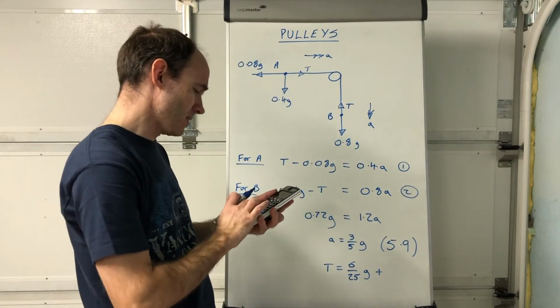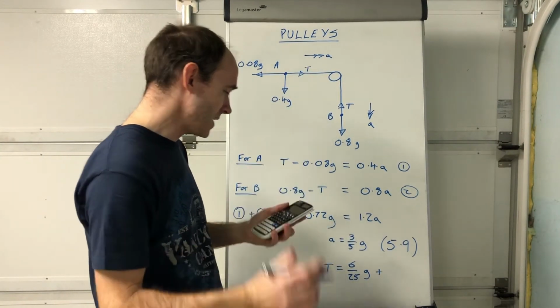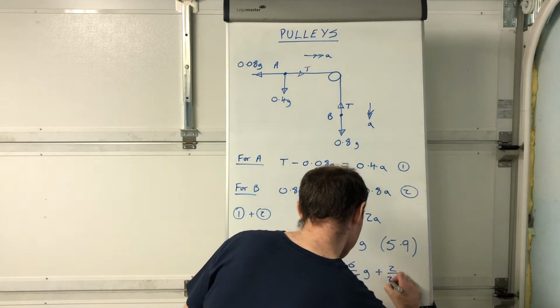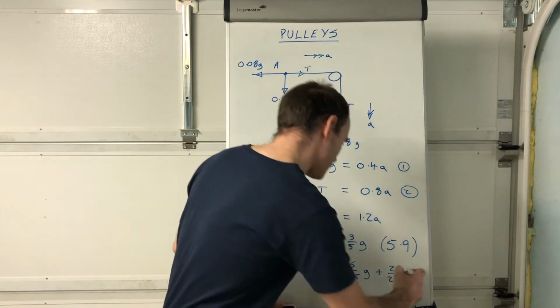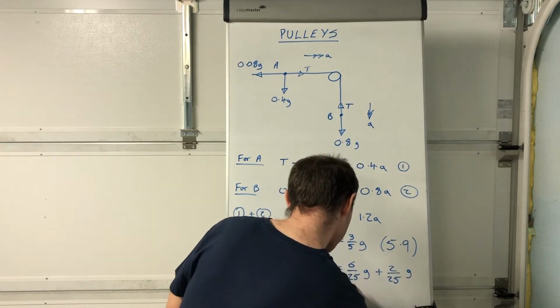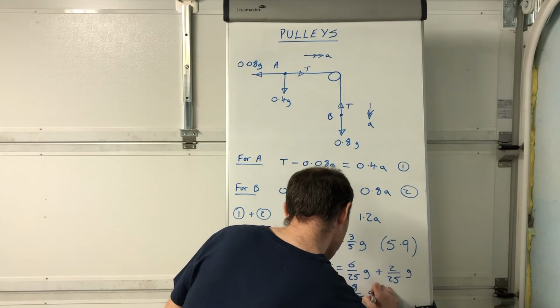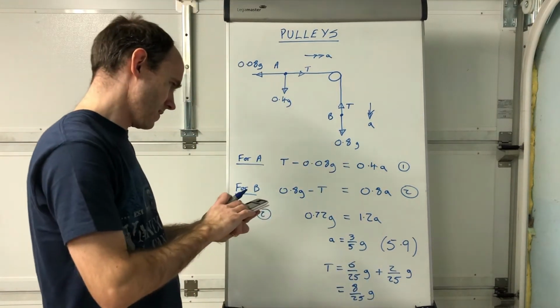What's that as a simplified fraction? I've gone all lazy with my calculator, haven't I? Despite how many times I say you don't need to use a calculator for this, I've just used the calculator to speed things up, really. So 8/25 G would be the tension.